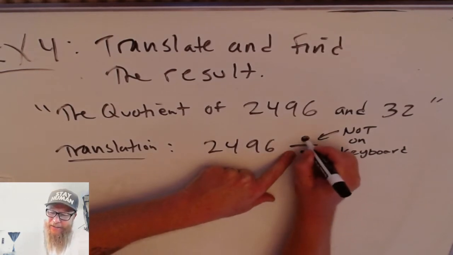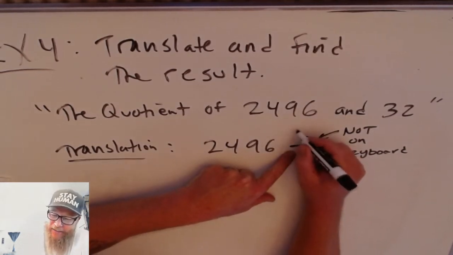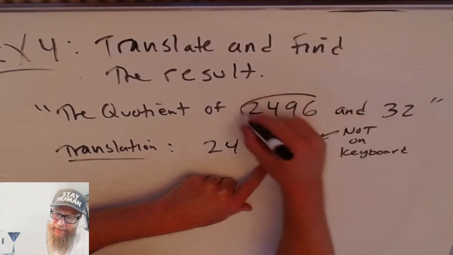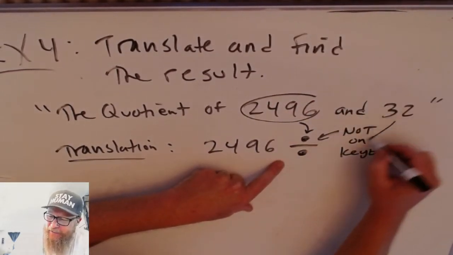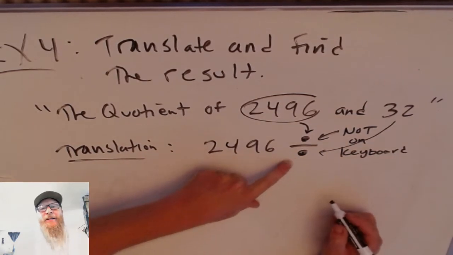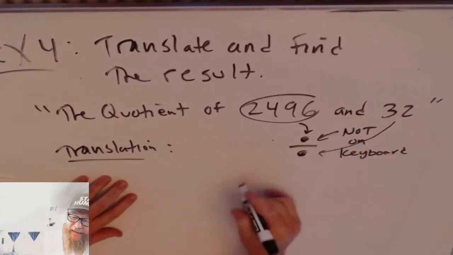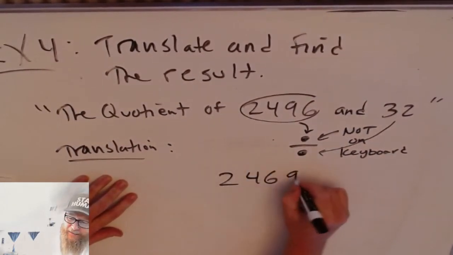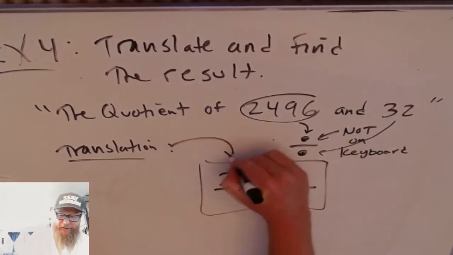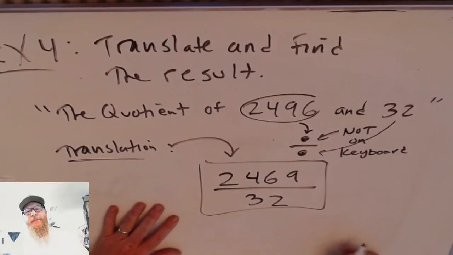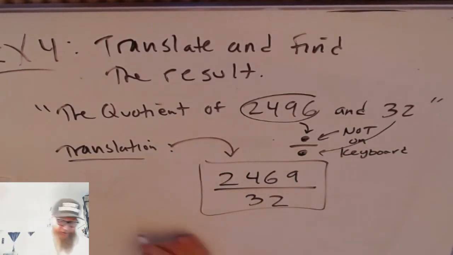The top dot is called the dividend. The bottom dot is called the divisor. So the way we're going to translate it is 2496 over 32. You see how it kind of looks like a division sign?